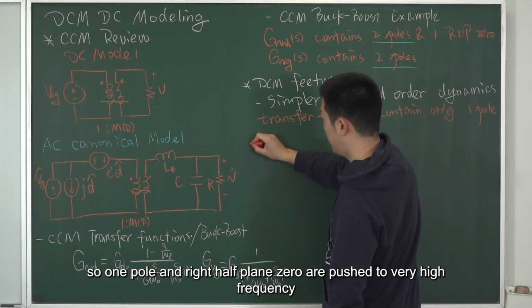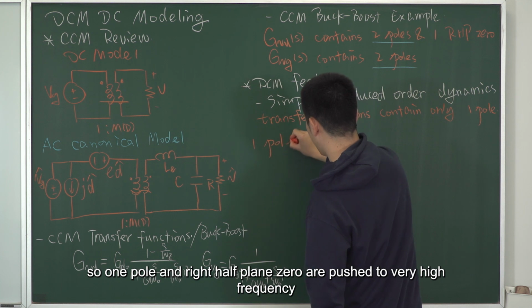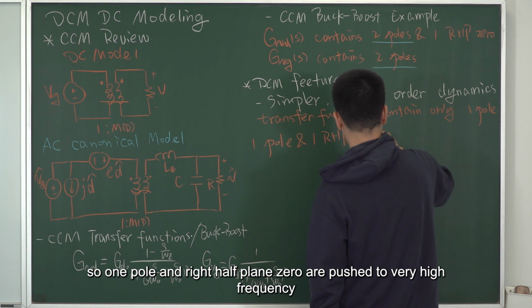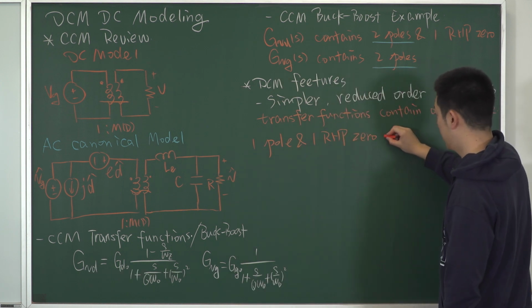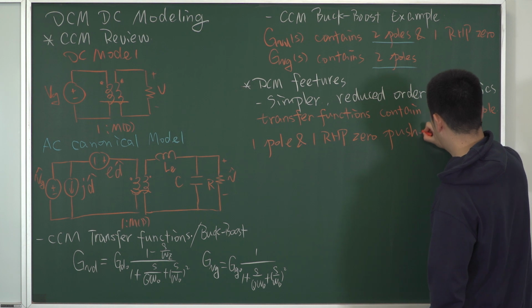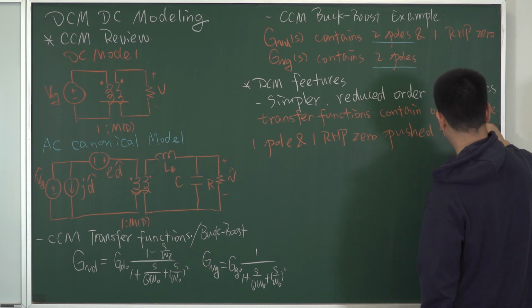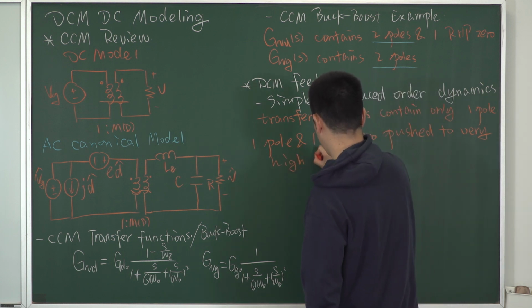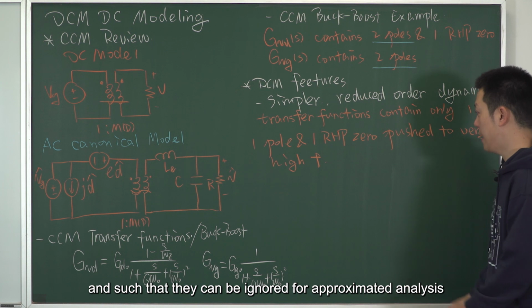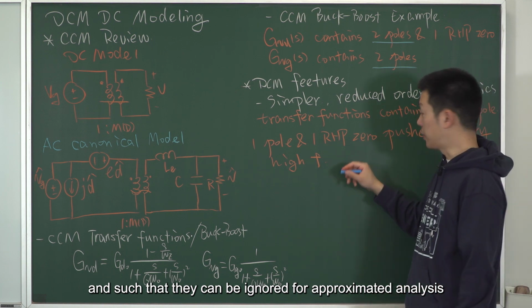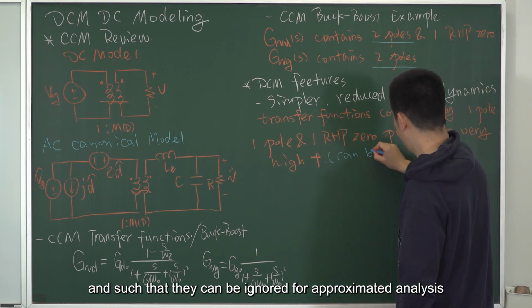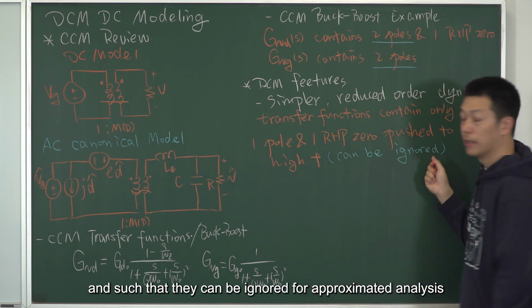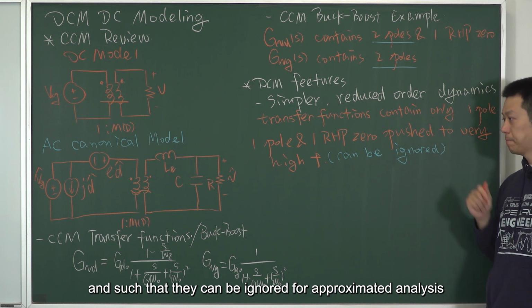but indeed they are pushed to a much higher frequency. One pole and 1 right half plane zero are pushed to very high frequency, such that they can be ignored for approximated analysis.